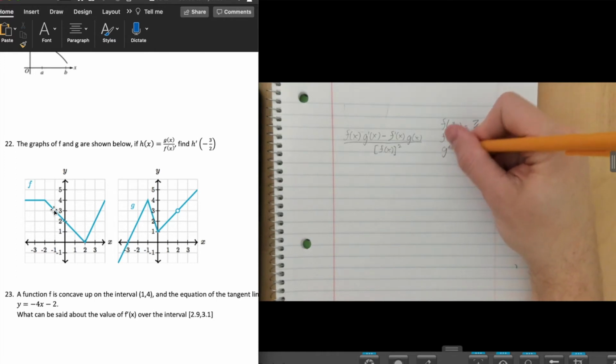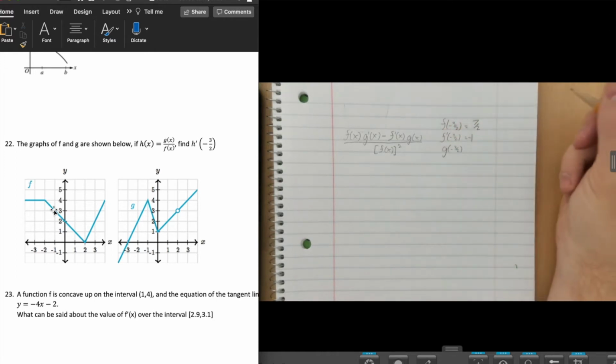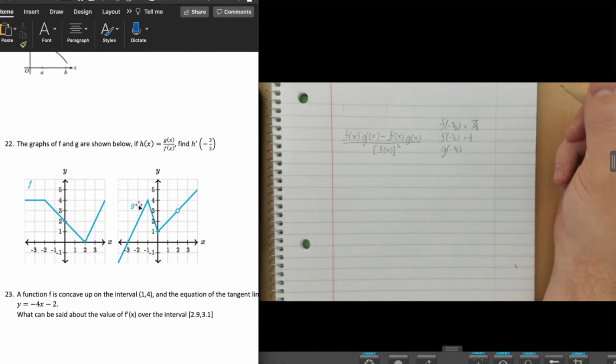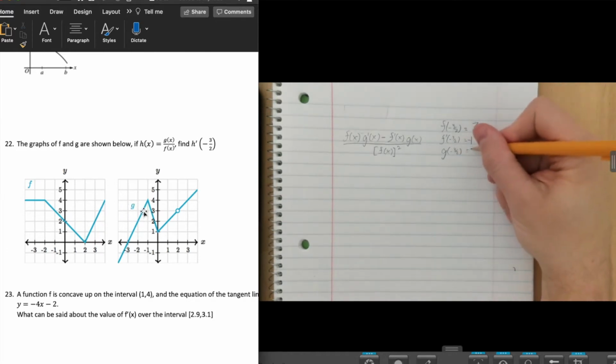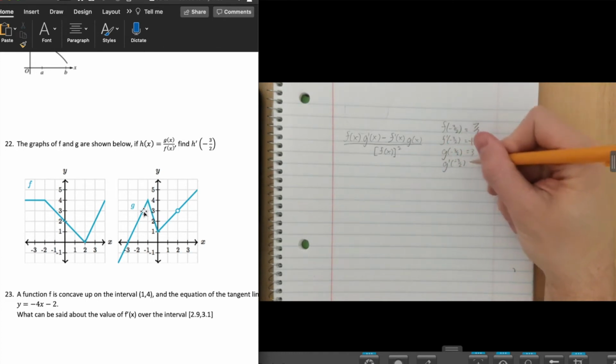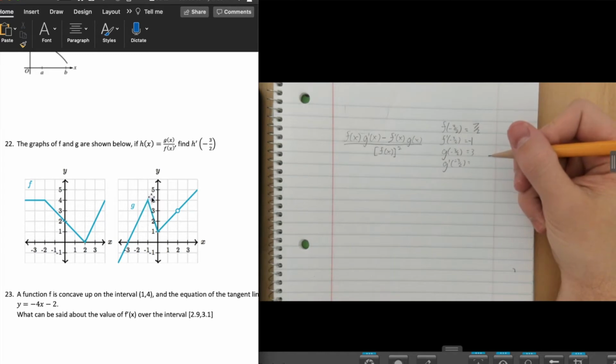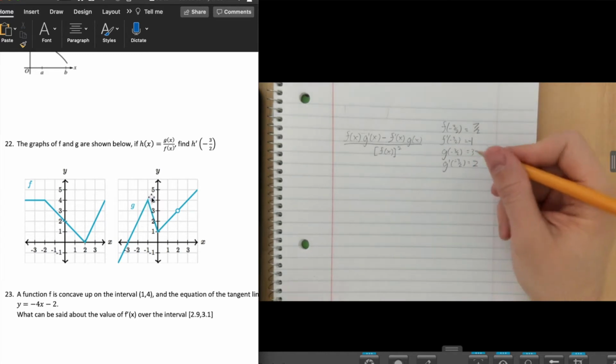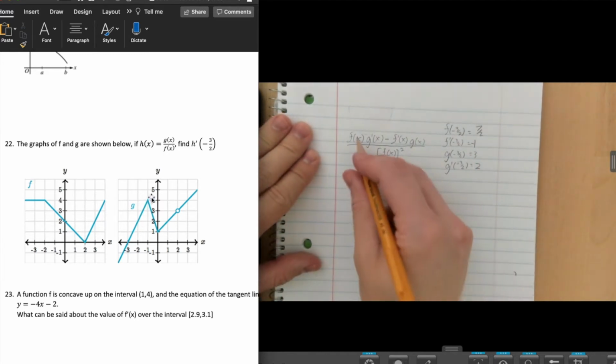Now, what is g at negative 3 over 2? It's 3. And g prime, the slope of that segment at negative 3 over 2 on g, looks like positive 2. All right, so let's plug all this into our quotient rule.